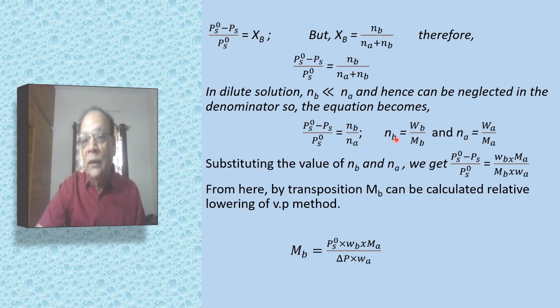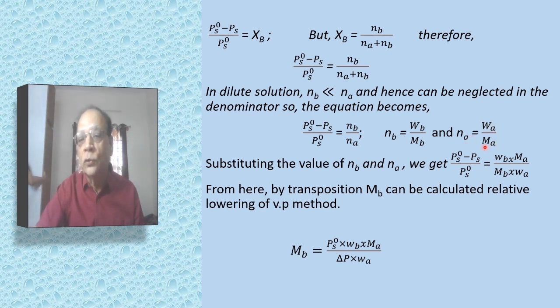Now Nb is the weight of solute divided by the molecular weight of solute. Similarly, the number of moles of solvent, Na, equals the weight of solvent divided by the molecular mass of solvent. This is the molecular mass of solute, and this is the molecular mass of solvent.